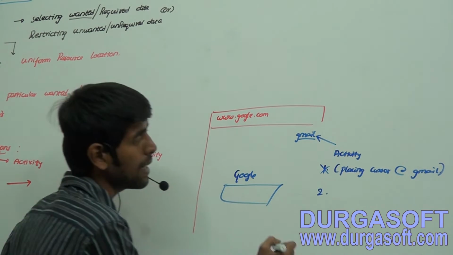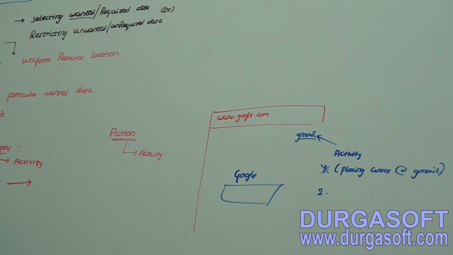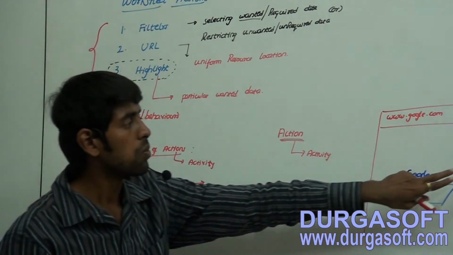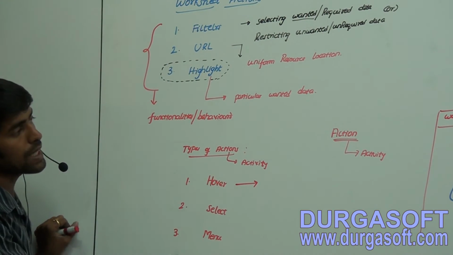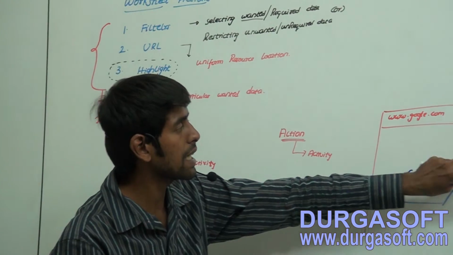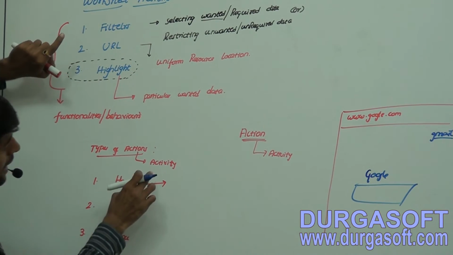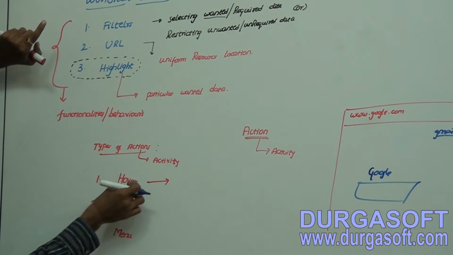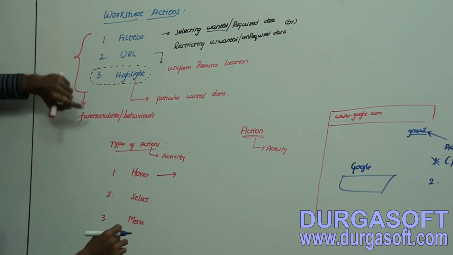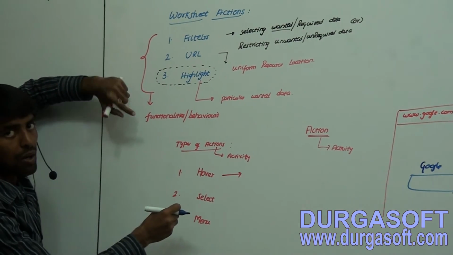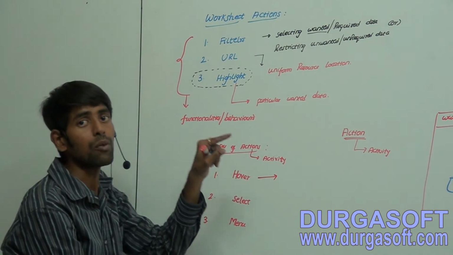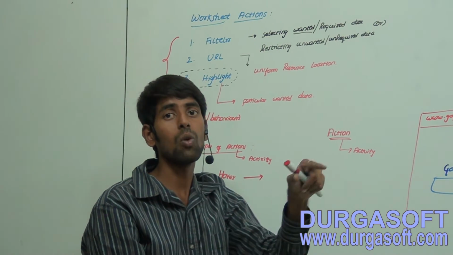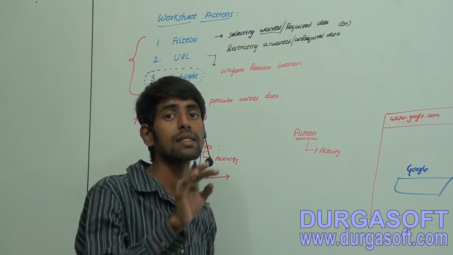Now, for this activity, it is not working here. But they have associated a functionality for an activity, that is an action. For which activity have they associated the functionality, among these three activities? They have given a functionality only for a double click or single click.